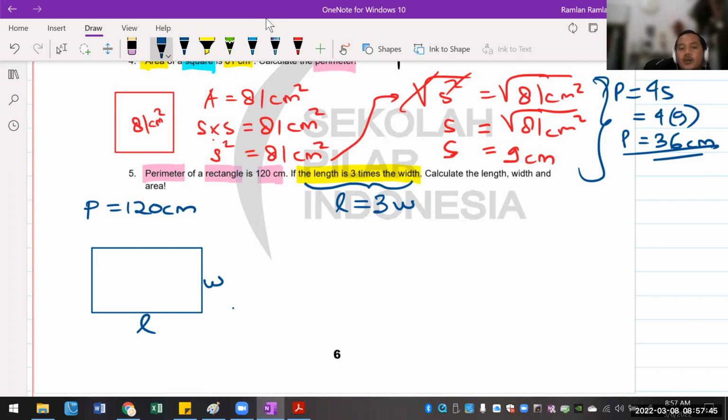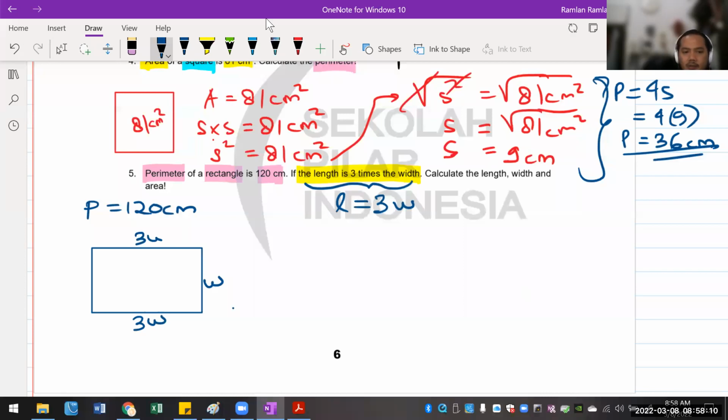Okay, so because we know that L equals 3W, we can actually do something like this. I'm not going to write down L in here. I can substitute that with 3W. So let's do that. Instead of writing down L, I'm going to write that down as 3W.